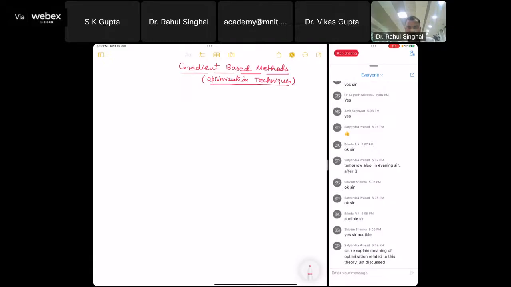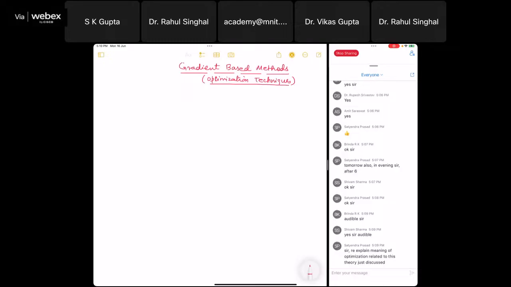So we have some gradient based methods, or some direct search methods, by which we can find the optimal solution of unconstrained optimization problems. We have some techniques for constrained optimization as well. If you do not have any constraint involved in the given optimization problem, we call it unconstrained. And if there are some restrictions on the variables, we call it a constrained optimization problem.